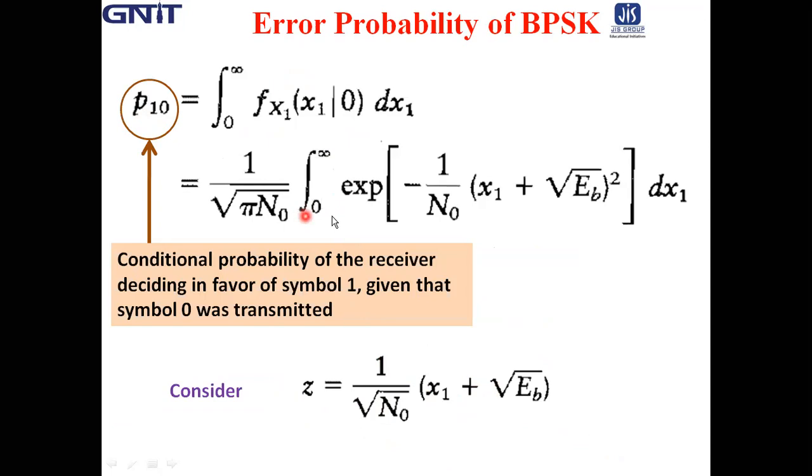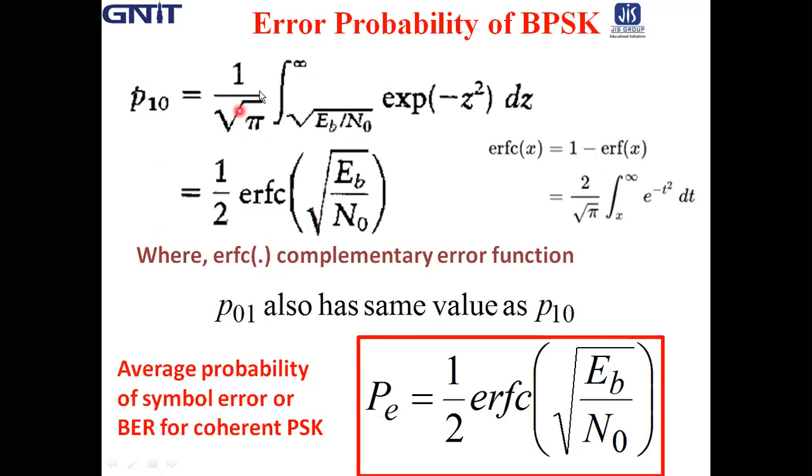When x1 equal to 0, then the lower limit is z equal to square root of Eb by N0, and whenever x1 equal to infinity, then z also equal to infinity. So it now becomes 1 by square root of pi integration from square root of Eb by N0 to infinity of e to the power minus z square dz.